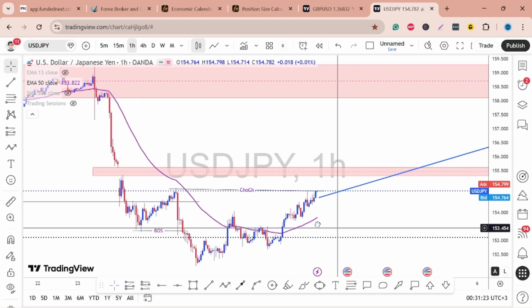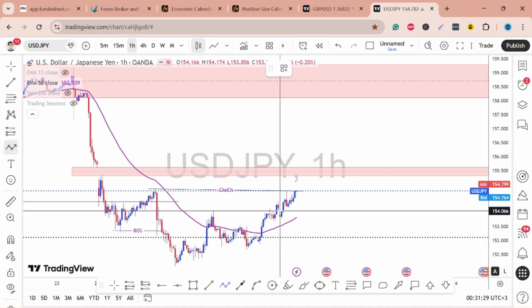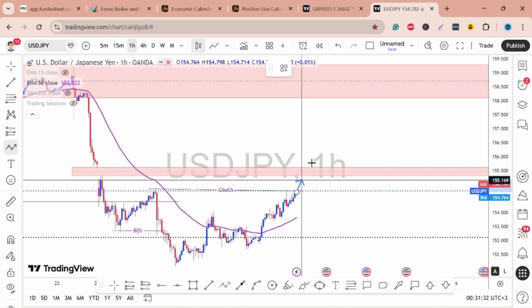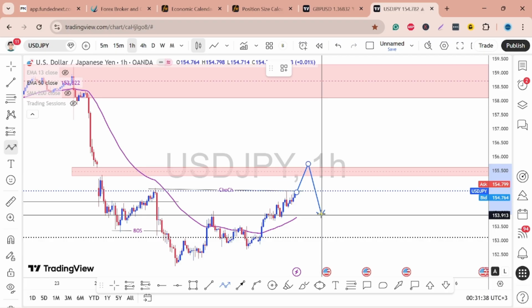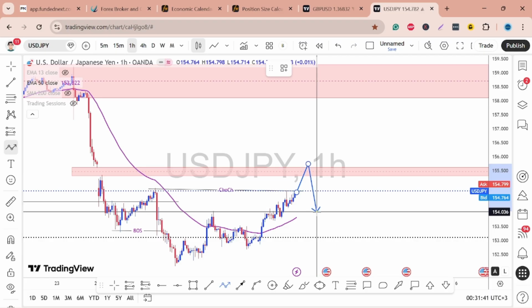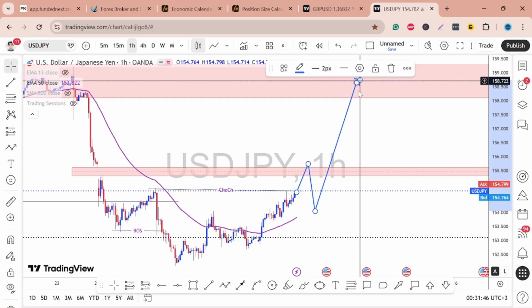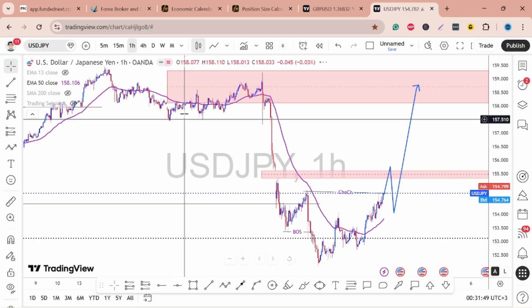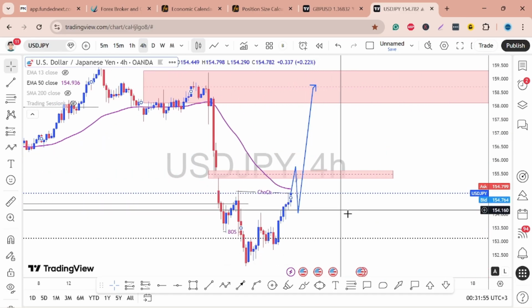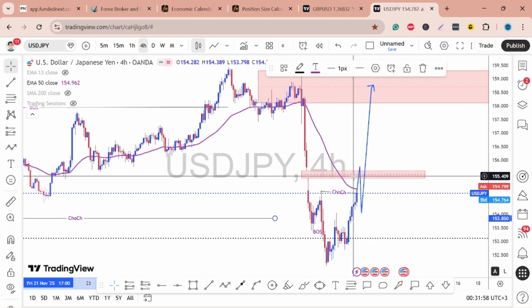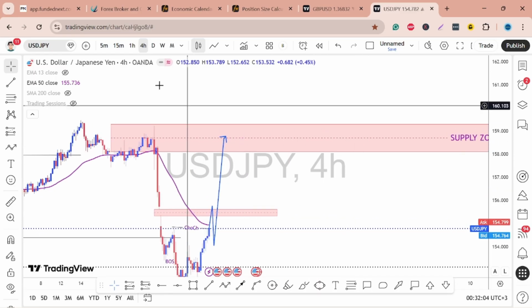Therefore, if the market breaks beyond this level here, then this change of character will be valid. We might then look for a mini demand zone on the lower time frame, maybe M15, to take price to higher levels before we can look for shorts. That is my perspective on USD JPY. But the most interesting point would be seeing price getting onto this 4-hour supply zone before you can start going short.